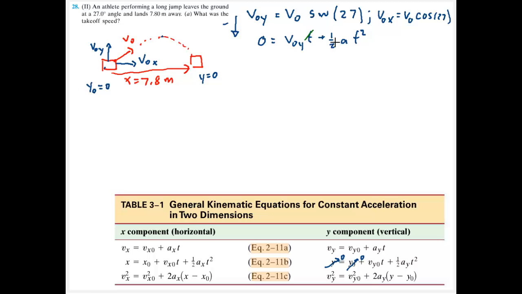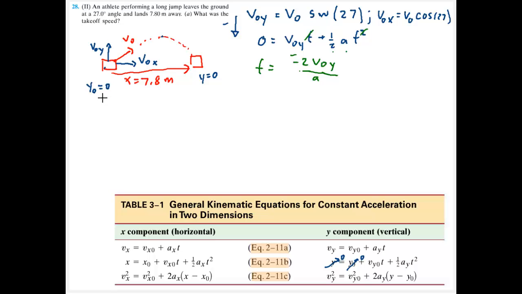Go ahead and I divide both sides by a time. That's going to cancel out. Subtract v naught, multiply by 2, and divide both sides by a. And I'm going to end up with an expression for time that says time is equal to negative 2 multiplied by v naught y divided by a.